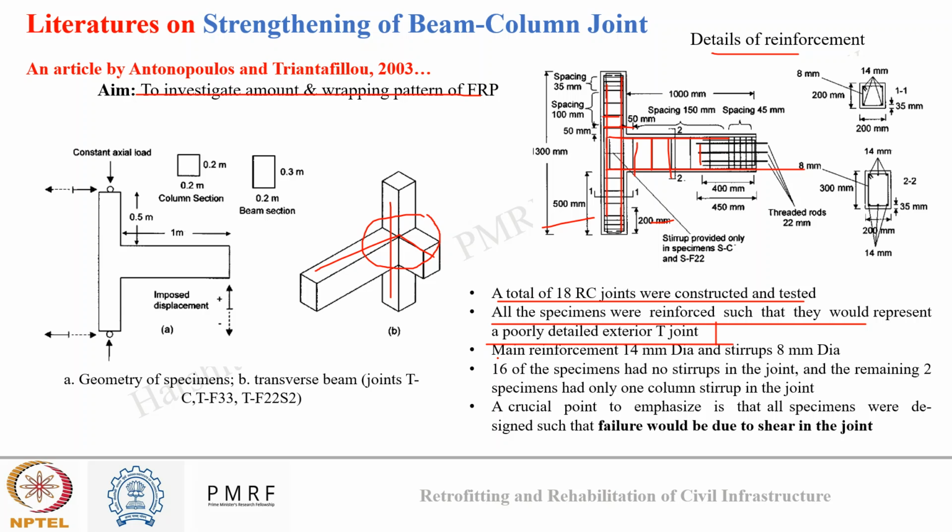So mainly in the testing, they used main reinforcement of 14 mm dia and 8 mm dia stirrups for making the T joint RC. 16 out of 18 samples had no stirrup in the joint, while the two remaining samples had only one column stirrup in the joint. The critical point to emphasize is that all the specimens were designed such that failure would occur due to shear in the joint only. So their main focus was shear failure at the joint.